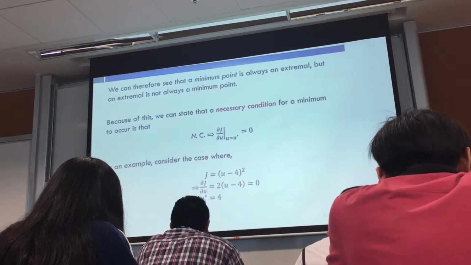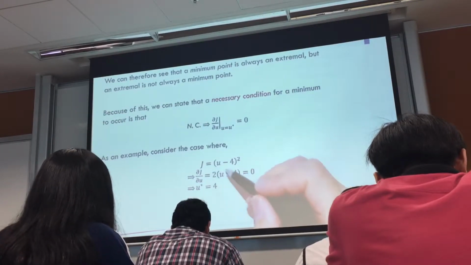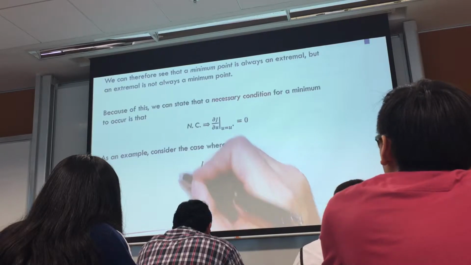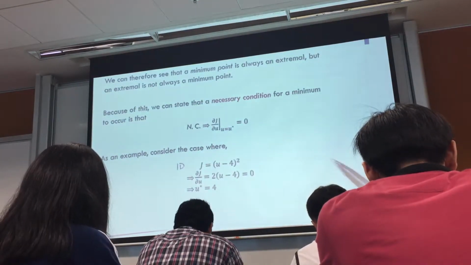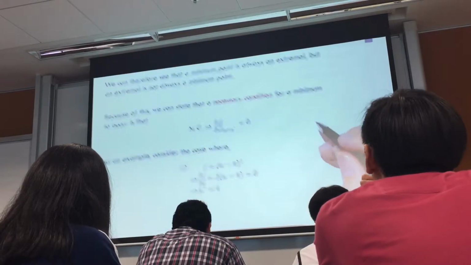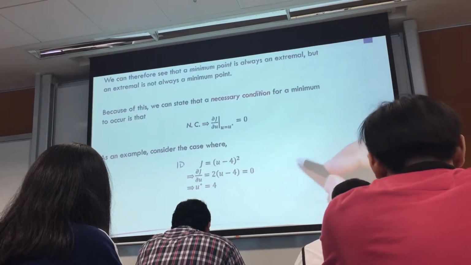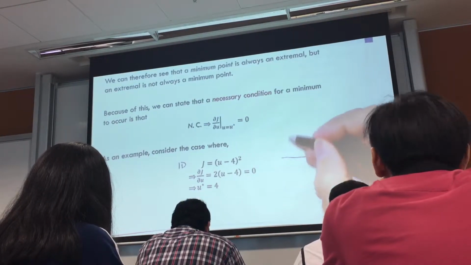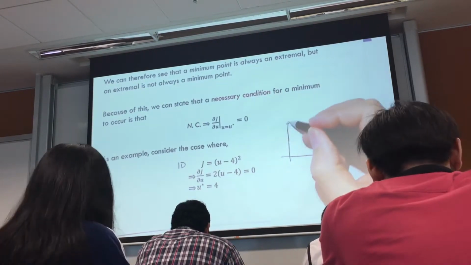So we can see a simple example. For example, we have the cost function J equal to (u minus 4) squared. So it's just a one-dimensional problem. For this one-dimensional problem, we can illustrate the figure of the function.